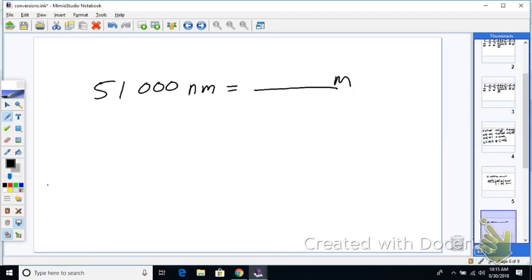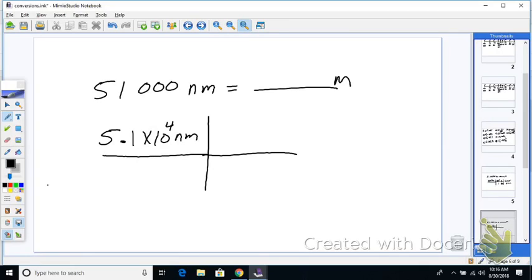So this would be 5.1 times 10 to the fourth. So down here I'm going to put nanometers, and up above I'm going to put meters. So now I look which one's bigger, meter or nanometer. I just put a 1 in front of meter, and then this will be a positive exponent, and it should be 1 times 10 to the 9th, correct?